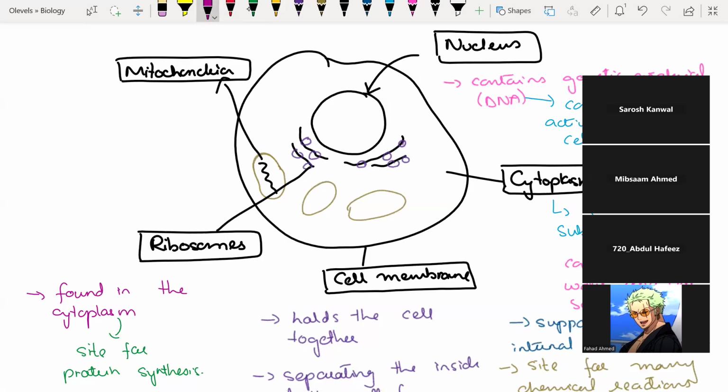So first we know that they are a site of aerobic respiration, and this aerobic respiration, like the mitochondria, is where energy is released to the cell.